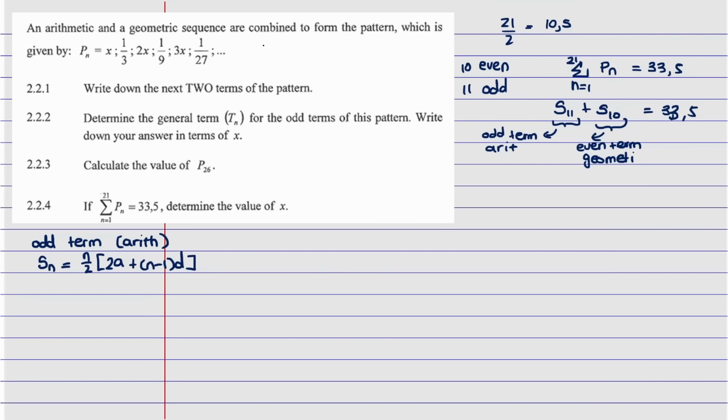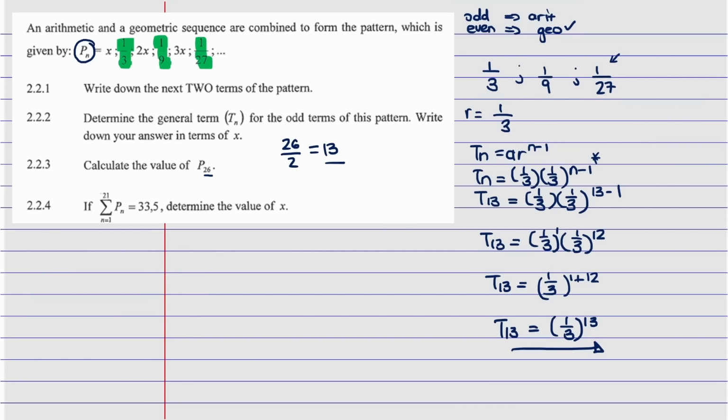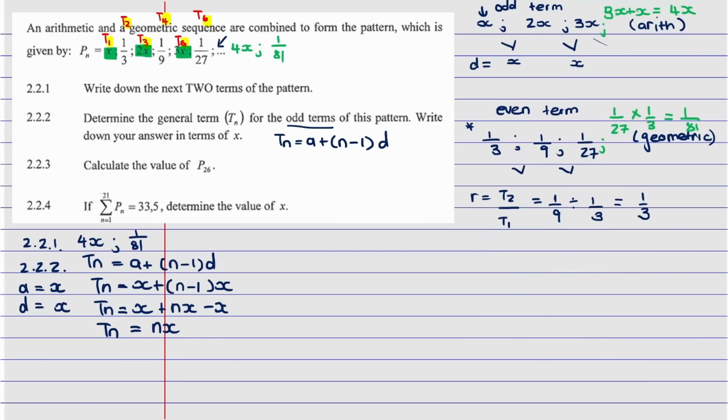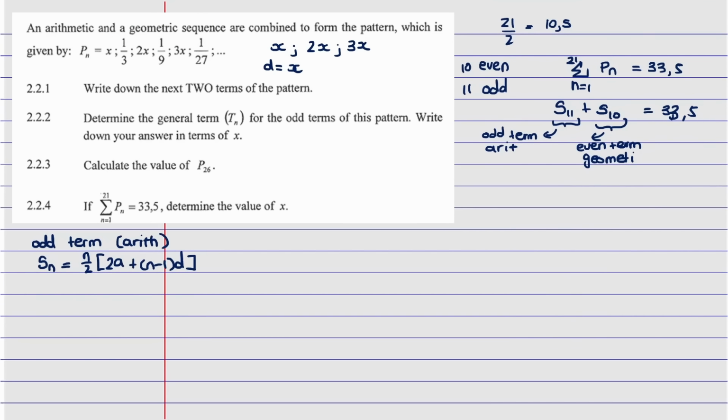Remember that for the terms, and I'm going to write it here, it's going to be x, then 2x, then 3x. And we know that d is equal to x, because we already solved that, looking from here. So knowing that, we know that a here is equal to x, because that's the first term, right?